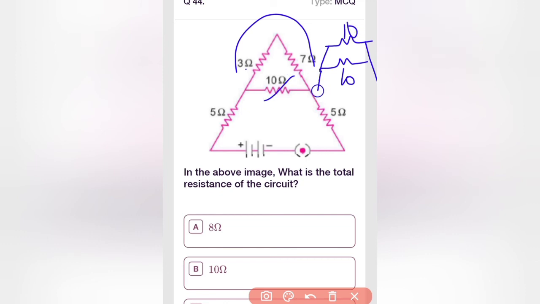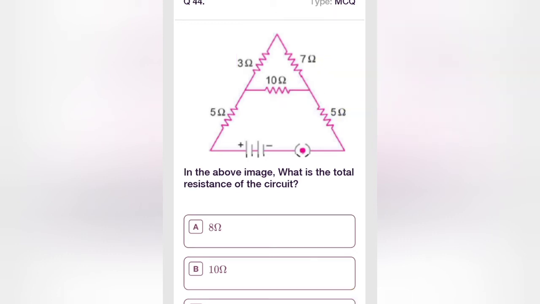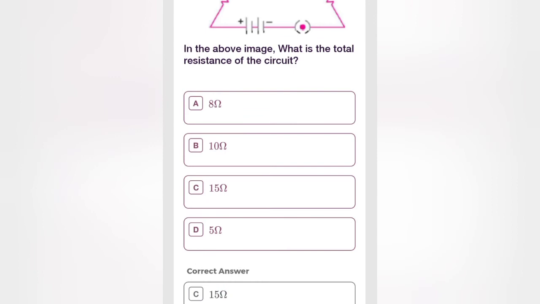Then we have another resistance on the other side, that is 5 ohm and 5 ohm here. So 10 into 10 divided by 10 plus 10 is 5. So here this becomes 5 ohm. Now these three are in series. So 5 plus 5 plus 5 is 15 ohm, which is the total resistance. Option C is the correct answer, 15 ohm.